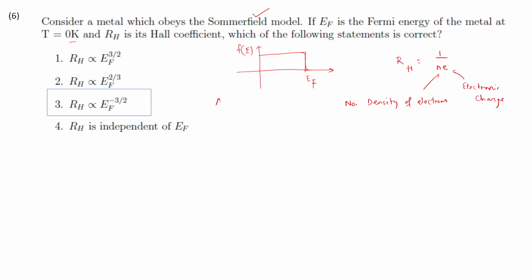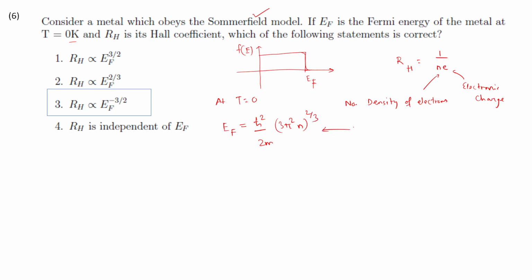So at T equal to 0, the Fermi energy is given by ħ squared by 2m times (3π² n) to the power 2 by 3.